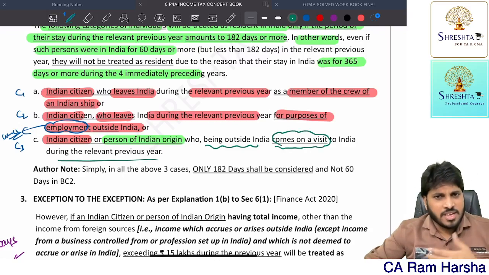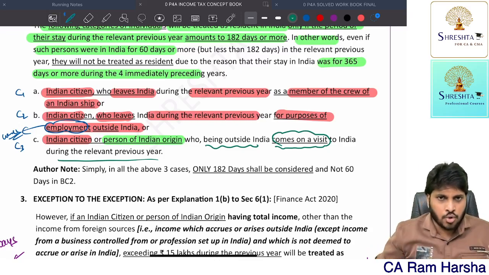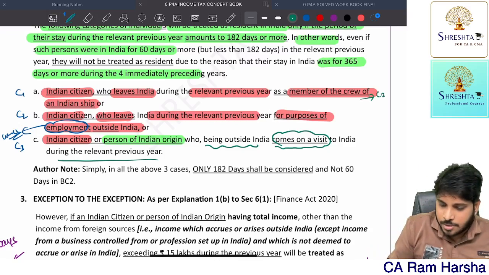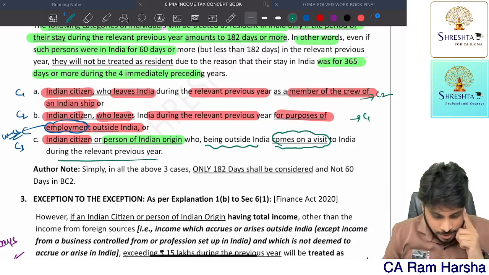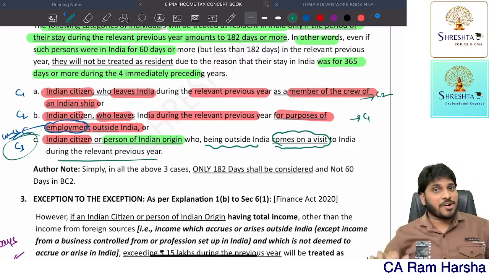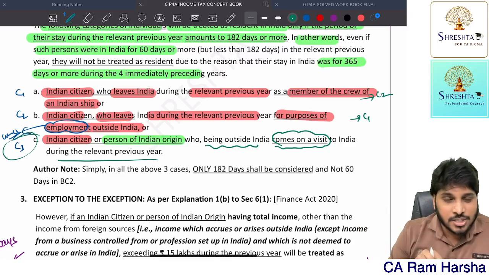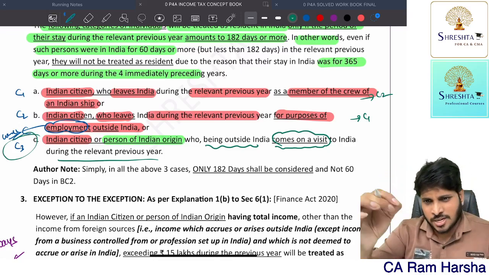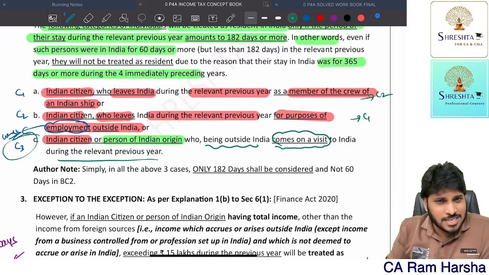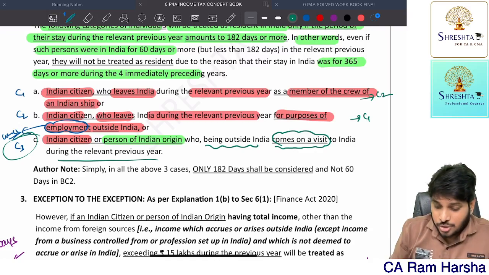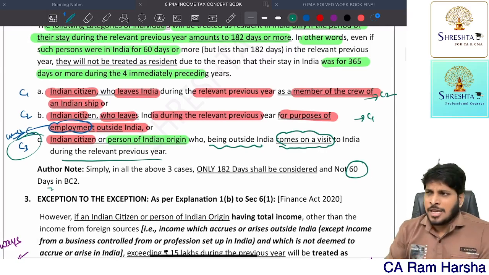When we discussed in the notes, we treated this as case number 2 and that as case number 1, whereas in the book it is the reverse. It's okay, not an issue. Case number 3 is constant. That is what is important for us. So if an Indian citizen or a person of Indian origin who stays generally outside India is visiting India, we call them NRs visiting India. For them also, the 60 days logic we don't apply. Very simple.